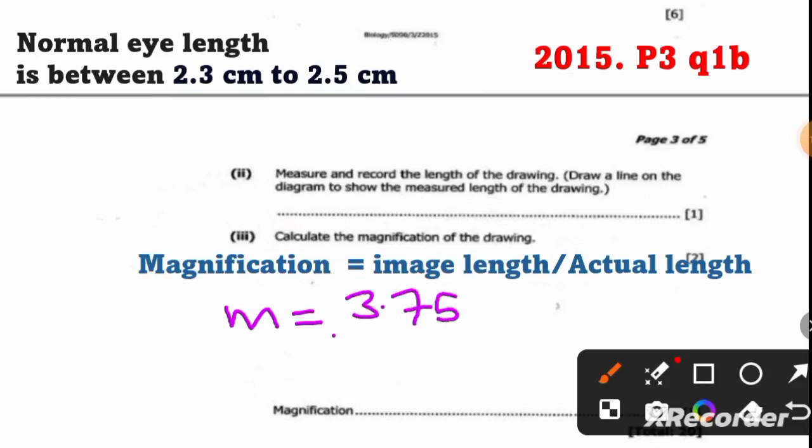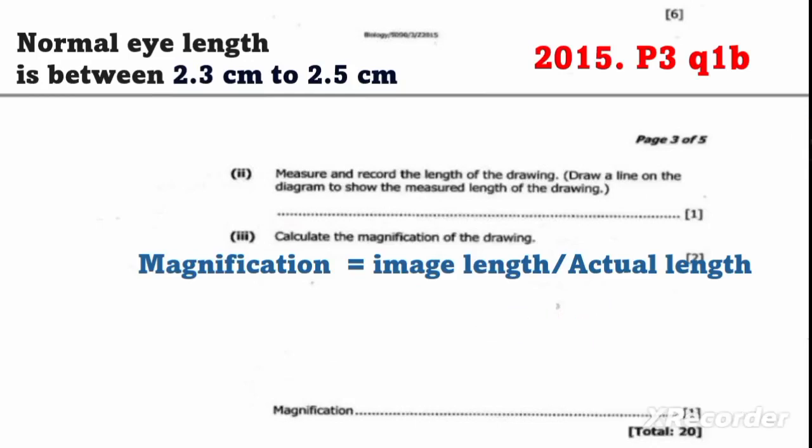Then the standard length or the normal length of the eye is 3.5 centimeters. So 3.75 divided by 3.5, we are going to get 1.1. So 1.1 is our magnification.